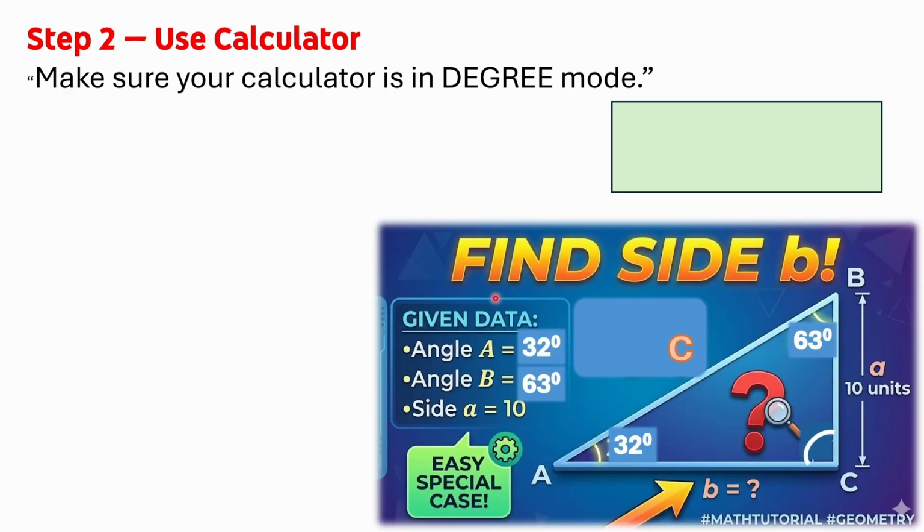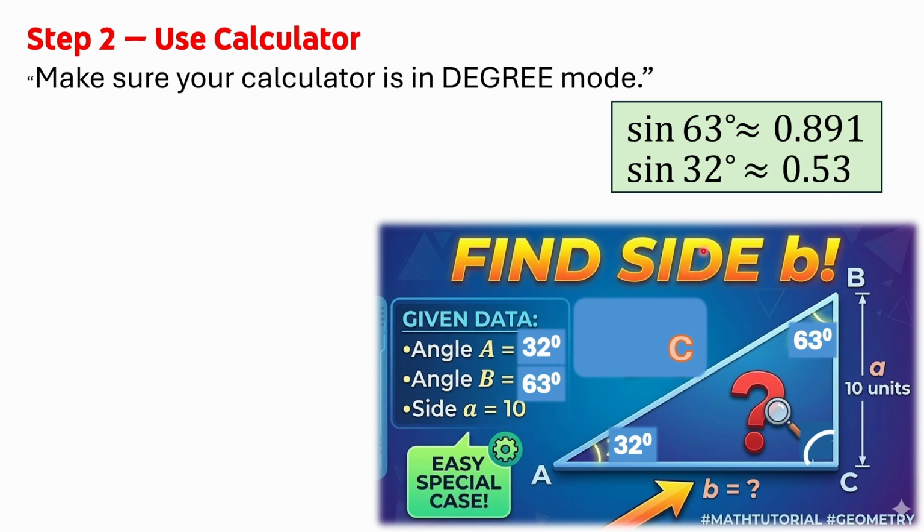And this is our next step. We're going to use a scientific calculator. So make sure your calculator is in degree mode. Now let's find the value of sine 63 degrees and sine 32 degrees. Using the calculator, sine 63 degrees is approximately 0.89 and sine 32 degrees is approximately 0.53.